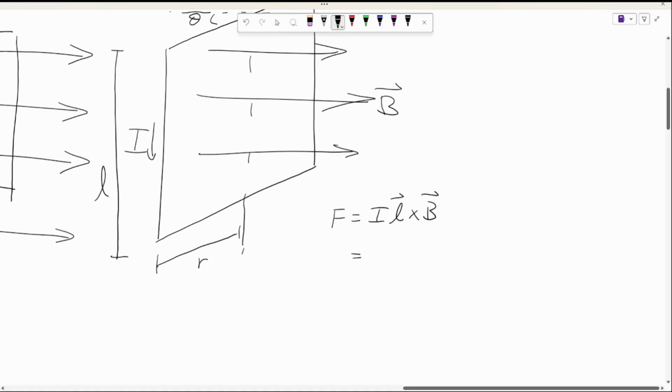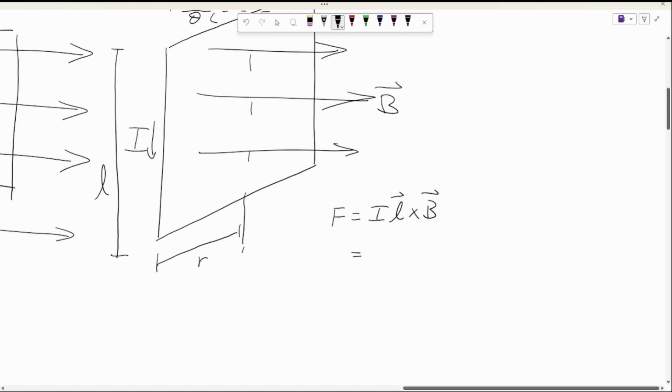Now, L and B are not exactly perpendicular in this case. Oh, wait, hang on. No, they are. That's not the issue. Okay, we'll carry on like this for now. So IL cross B, everything is perpendicular.